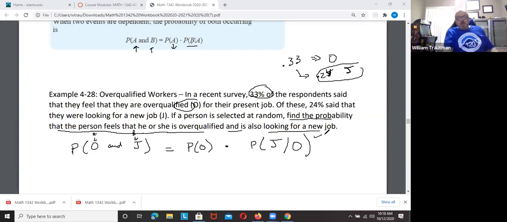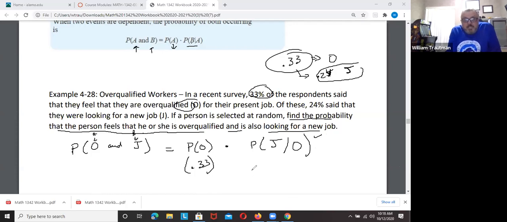All right, so once again, let's read. This is the probability that they're overqualified. We already wrote that down, 0.33. I know that one. Now, you have to be able to read this. This is the probability that J, what was J?